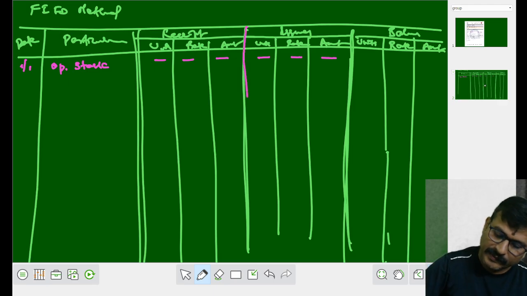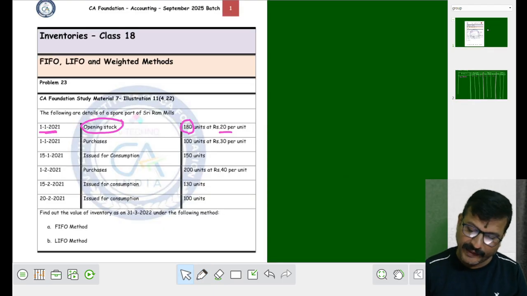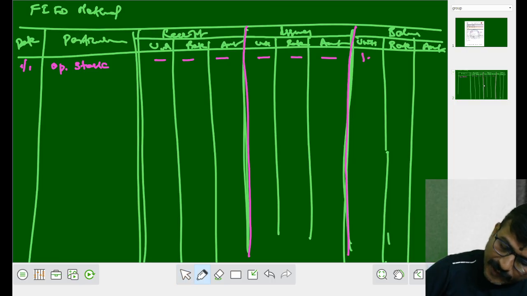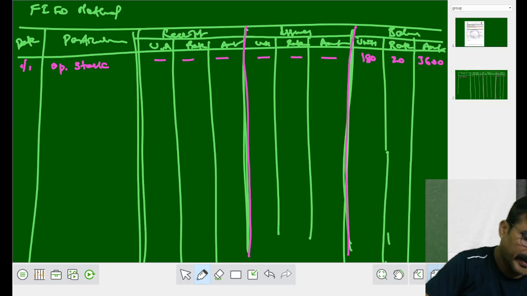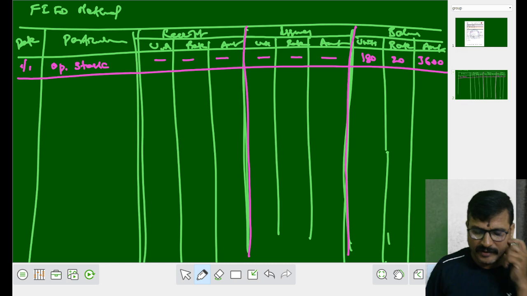This is your receipt side, this is your issue side, and that is your balance. How many units are there in stock? 180, at 20 per unit. 180 into 20, use a calculator and work it out. It comes to 3600. This is the first transaction, my dear student, on 1st January.